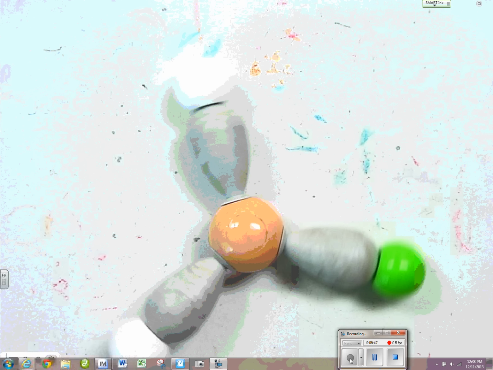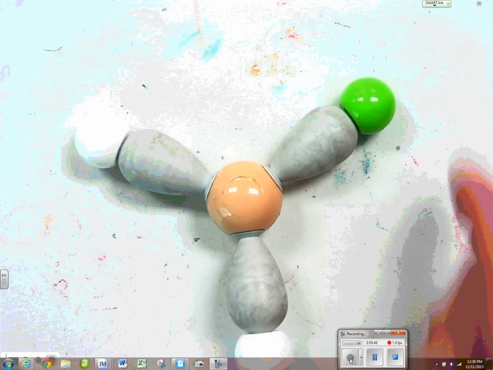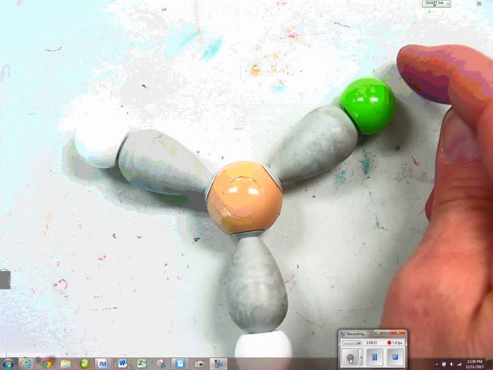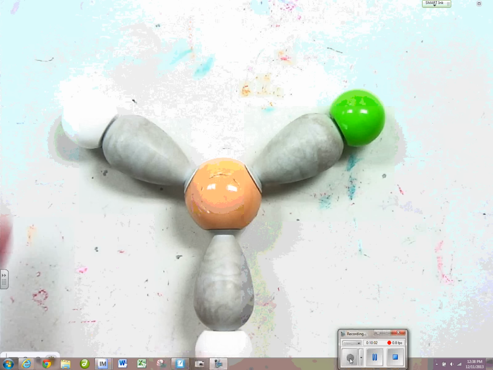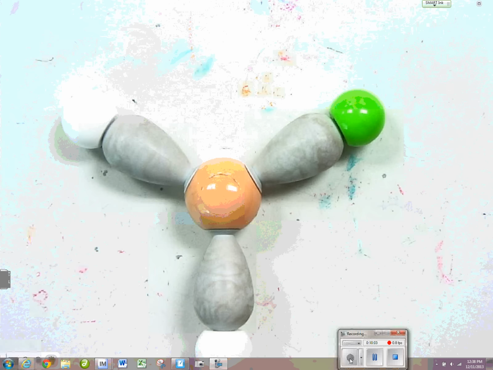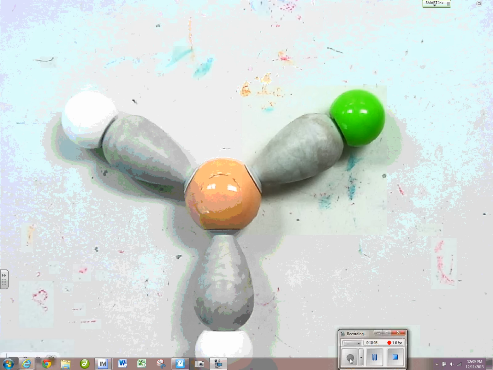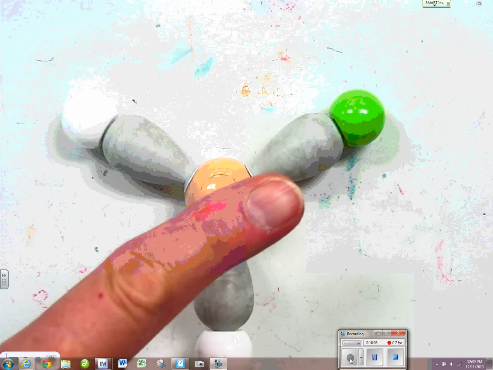I'm going to put a chlorine over here, and now this guy is going to be more negative here than he will be down here, because chlorine has a higher electronegativity than does hydrogen. Which makes this guy right here the negative end, and these two guys right here the positive ends, because the electrons are shifted in that direction.